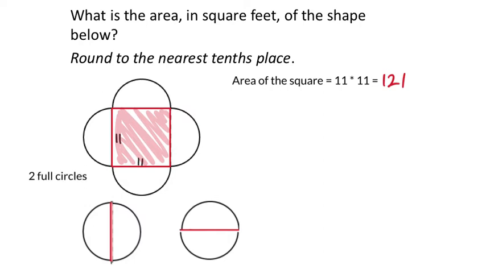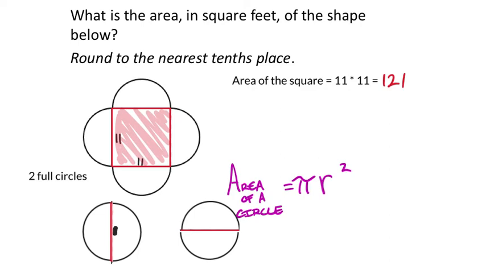And this is where we need the area of a circle formula. So this is the area of a circle, and this would just be one circle. That would be pi times the radius to the power of 2. Now you'll notice that they gave us the diameter of the circle, right?